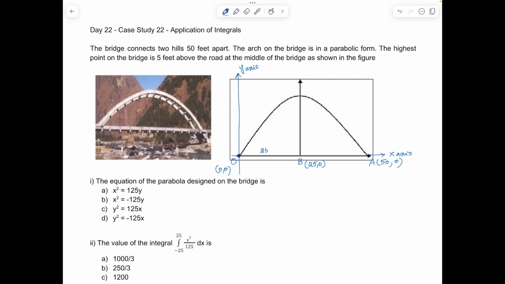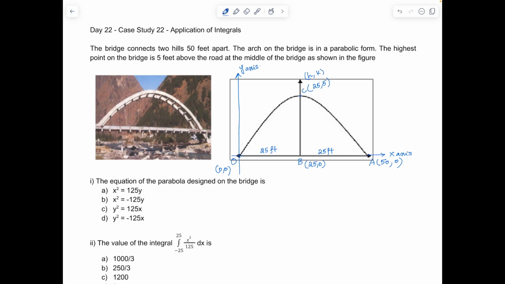OB is 25 feet, BA is 25 feet. Let C be the highest point in the parabola, which is the vertex H comma K, 25 comma 5.